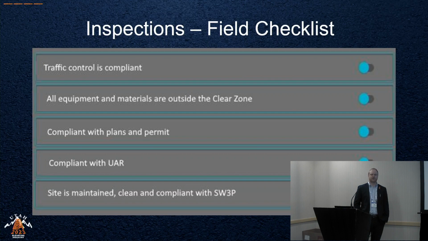A lot of times something that's lacking from utility companies working on the side of the right-of-way is their traffic control, right? And then, is all equipment and materials outside of the clear zone? Are they compliant with their plans and permits? So, it's easy questions that folks can answer out in the right-of-way while they're engaging with the contractor who's moving. A big one there is compliant with the UAR, which is Utility Accommodation Rules.